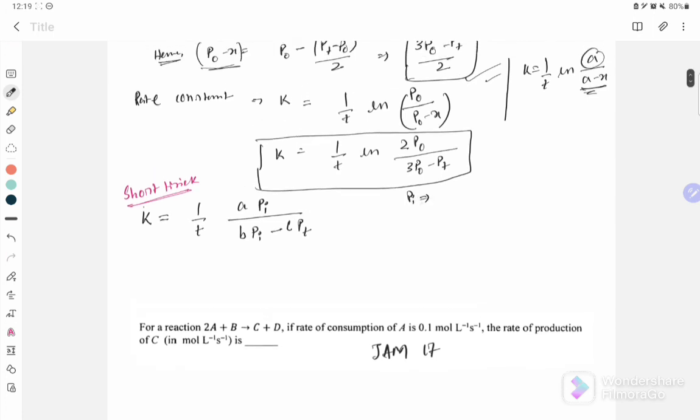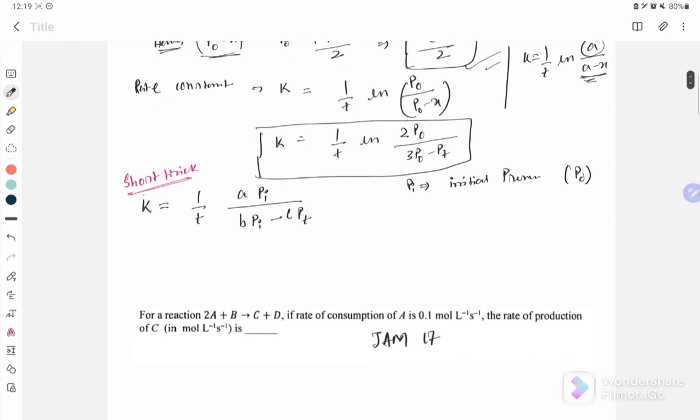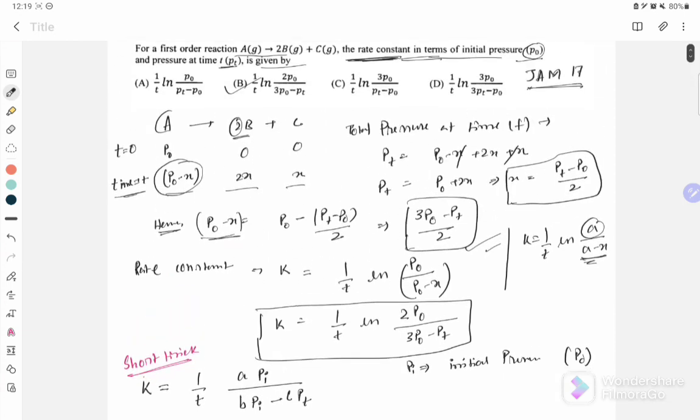Pi is the initial pressure, here P0, and Pt is the pressure at time t.